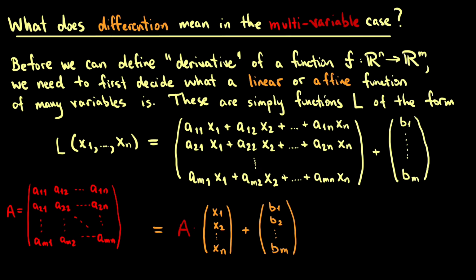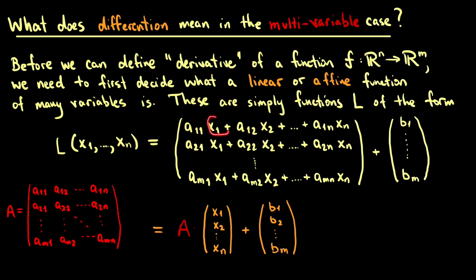Okay, so this is what it is. If I have a function L, which depends on n variables, and I need to spit out a function of m variables, okay, then what else could affine be if not this? It just means that, say, the first coordinate of the output has to be some slope, a11 times x1, plus some other slope for x2, and so on.